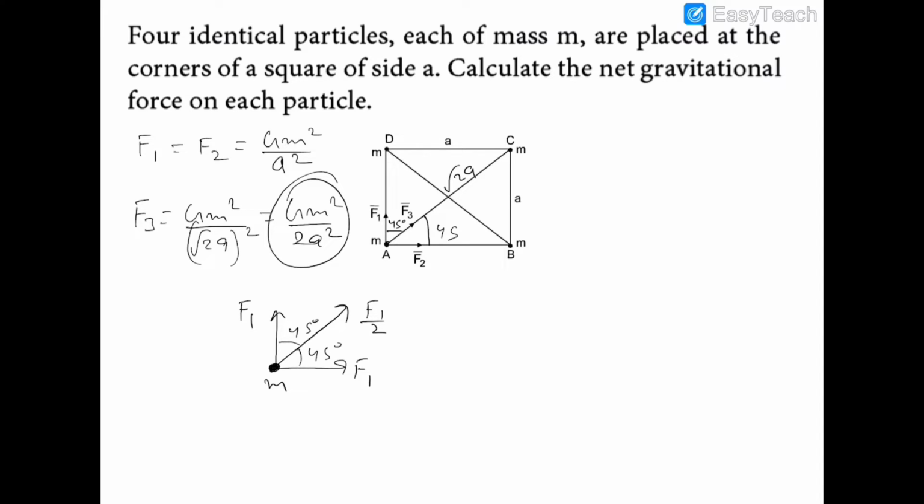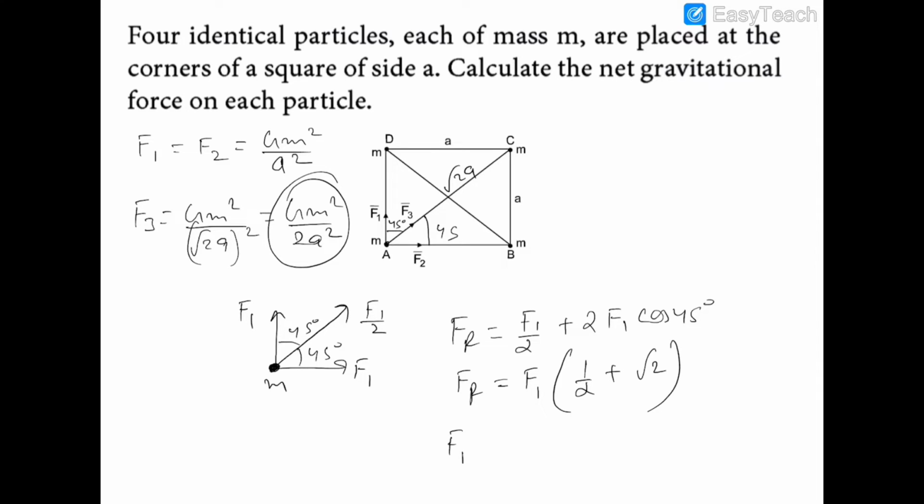So the resultant force acting on this mass will be F1 by 2 plus twice of F1 cos 45, because this is F1 cos 45 and this is F1 cos 45, and these components F1 sin 45 and F1 sin 45 would be cancelled out. So resultant force will be equal to F1 taken out, and this is 1 by 2 plus root 2, 2 by root 2.